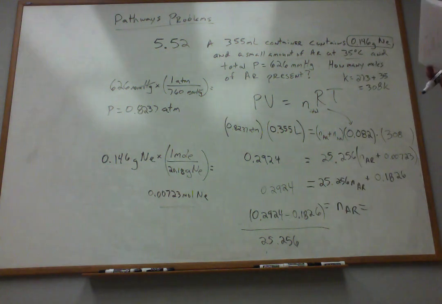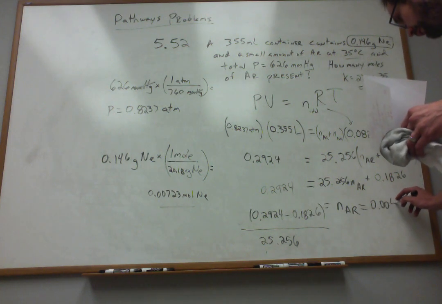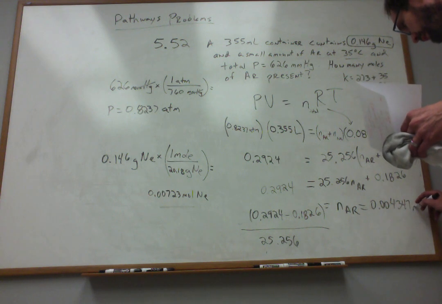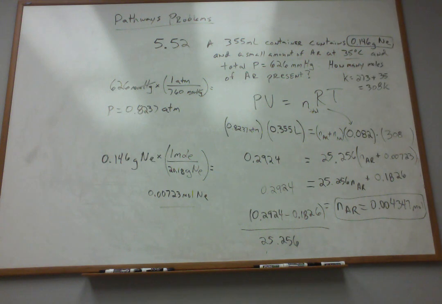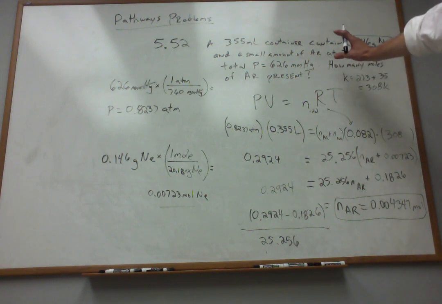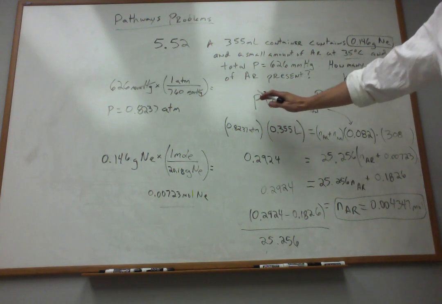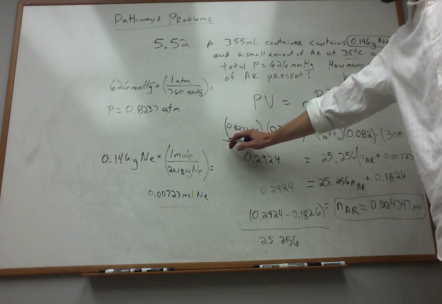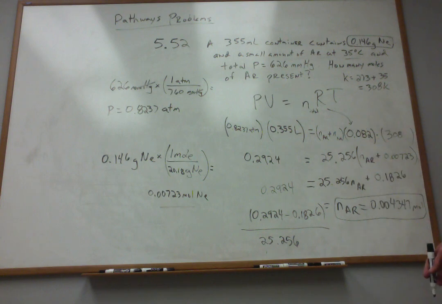If you do the math on that, it equals 0.004347 moles. So that's how many moles of argon must be present in this container as a mixture with the neon to exert a total pressure of 0.8237 atmospheres when the volume is held at 355 milliliters at 308 degrees Kelvin. It's the only way the math works out.